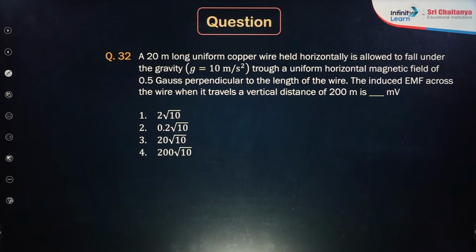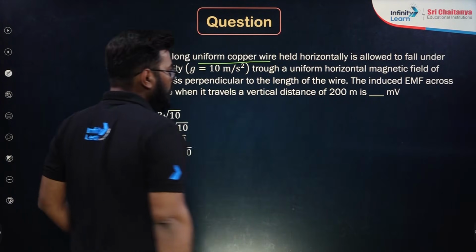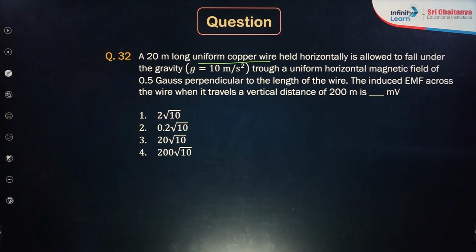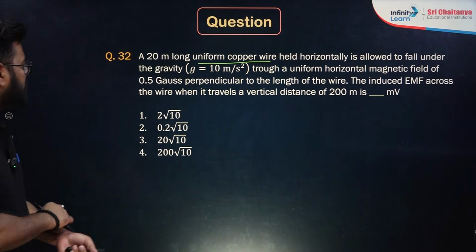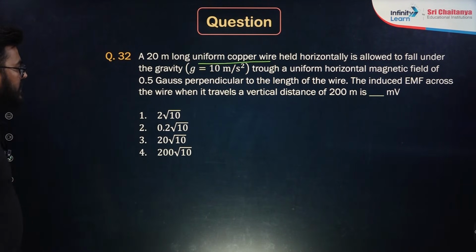Clear? You have a 20-meter long uniform copper wire held horizontally, allowed to fall under gravity through a uniform horizontal magnetic field of 0.5 Gauss perpendicular to the length of the wire. The induced EMF across the wire when it travels a vertical distance of 200 meter is?